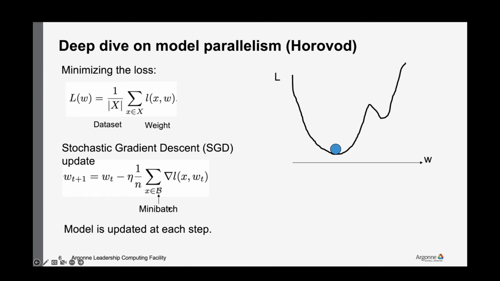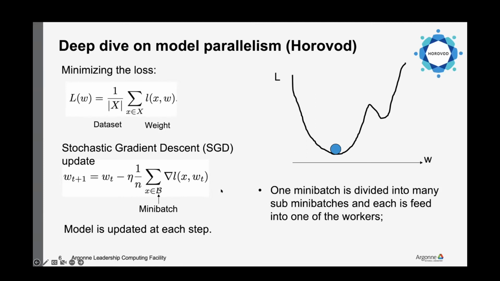And again, this is easier to parallelize. Basically, we can have a mini batch, and say we have 100 samples in that batch, right? And we can have 10 workers work on that mini batch. Each worker will work on 10 samples. So we divide the mini batch into sub mini batches, and each sub mini batch fits into one worker, right?